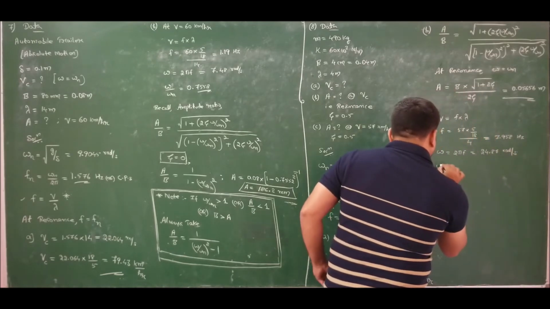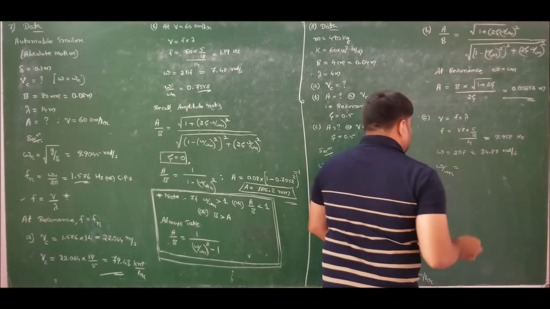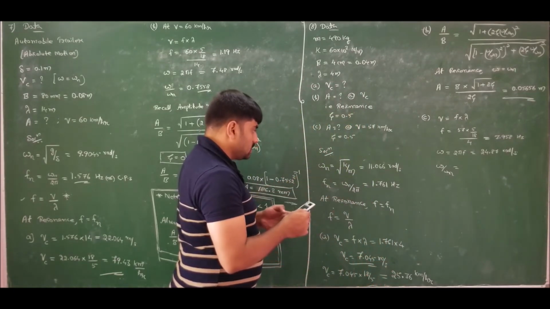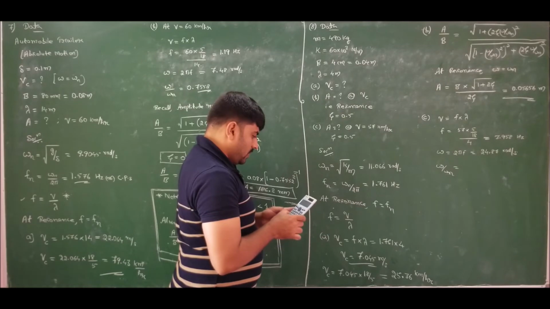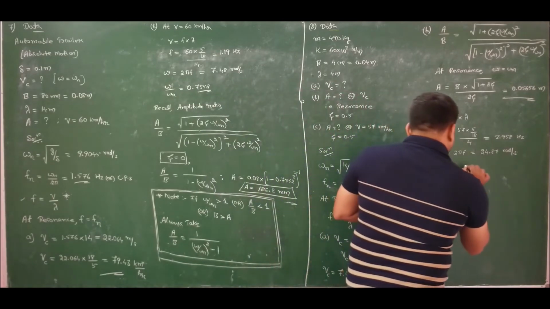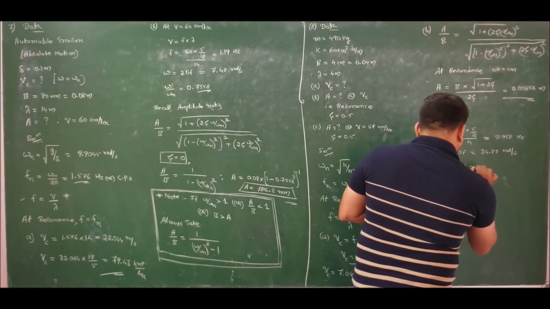Now I can find the value of omega by omega n for simplicity. Omega n is 11.066, omega is 24.87, so omega by omega n will turn out to be 2.2474.